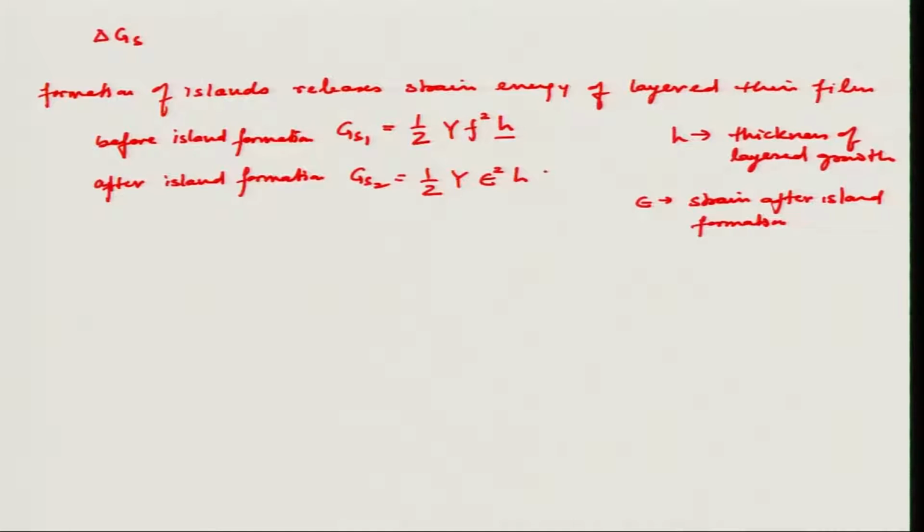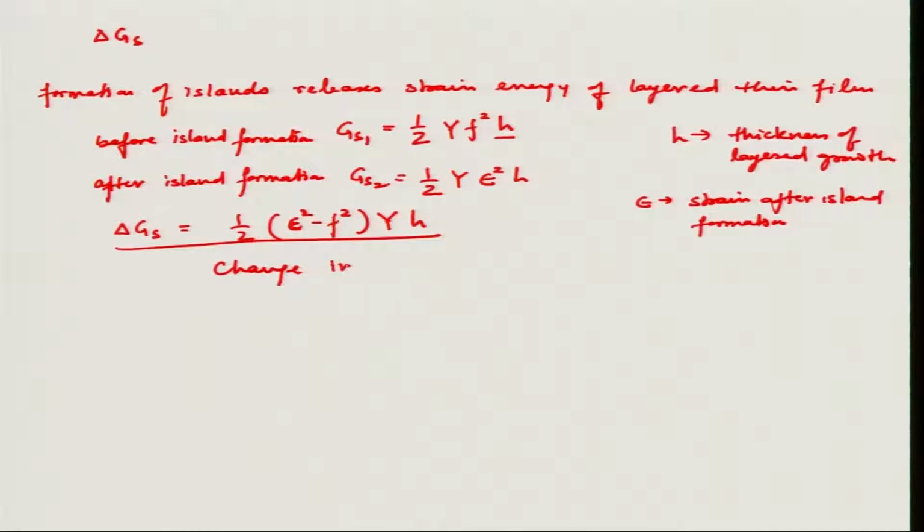So, this is the change upon formation of island. So, my delta Gs would be equal to 1 by 2 epsilon squared minus f squared into Y into h. This is the change in strain energy upon island formation.